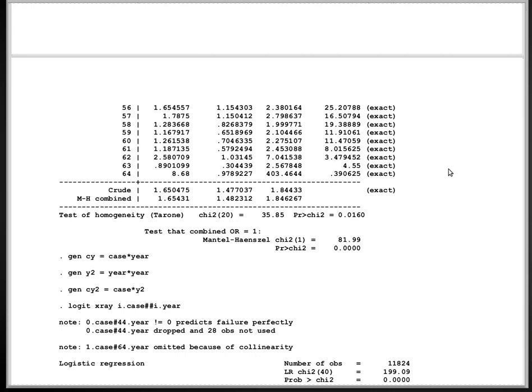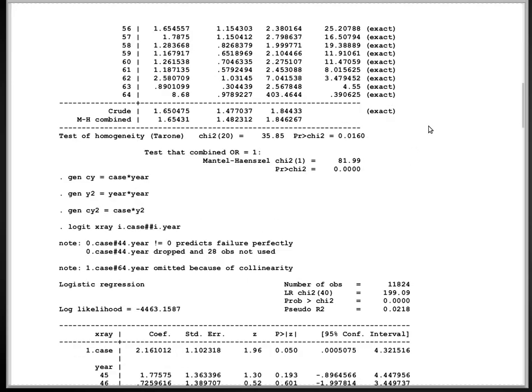So in order to do this, we need to construct the various variables involved: the product of the case control status by year, the product of the two years for our analysis of a nonlinearity, and indeed the product of the case control status by the year squared again.